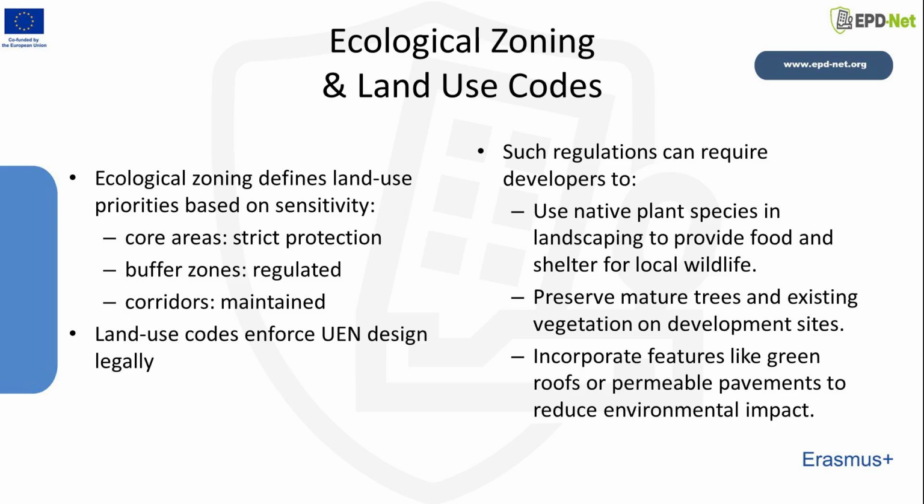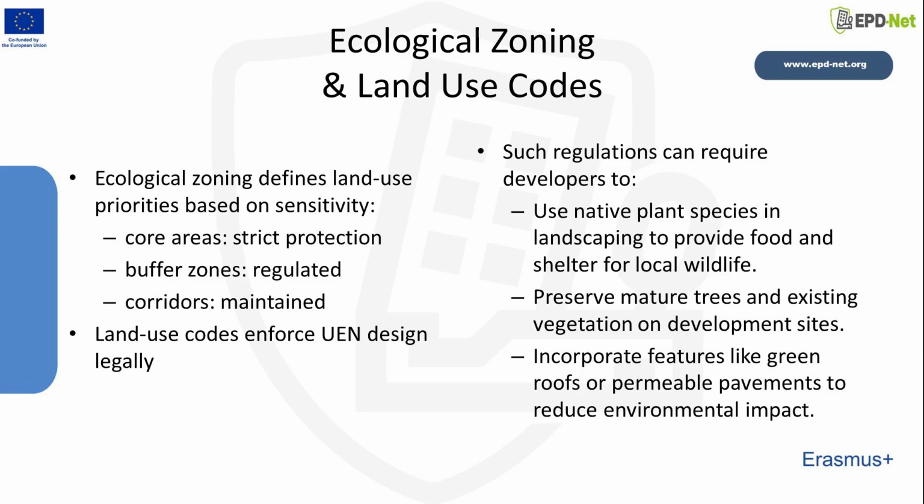The broad goals established in a master plan are translated into tangible, on-the-ground action through enforceable regulations. Ecological zoning is a key tool for this, allowing planners to designate sensitive areas, remnant habitats, and critical corridors for protection from harmful development.